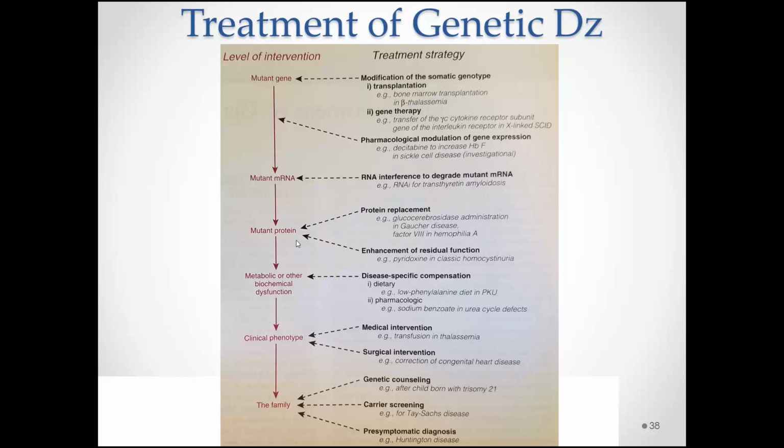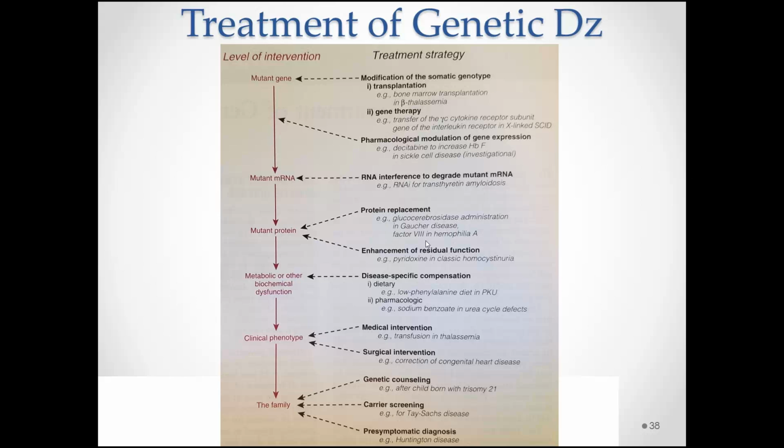Where the protein is affected, we've looked at this for cystic fibrosis. There are drugs that can be administered to enhance residual function, lumacaftor and ivacaftor for cystic fibrosis. There's protein replacement.